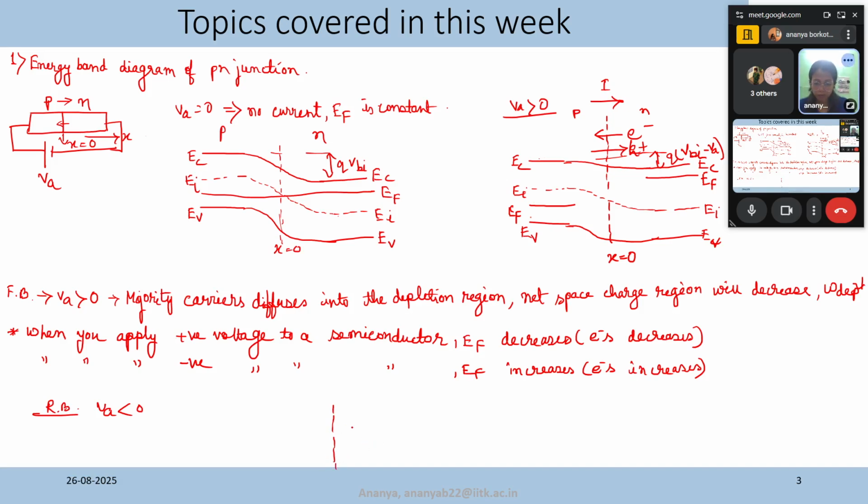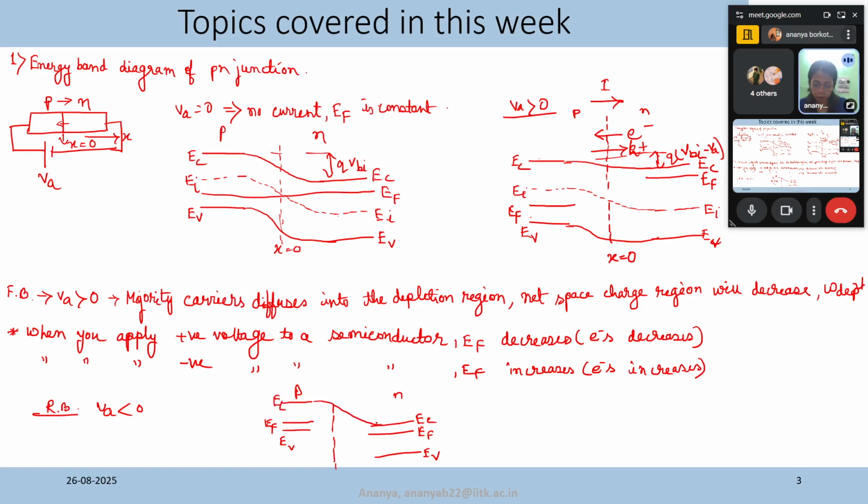So if this is my EF in the n side, then this will be a bit higher in the p side. So this is EV, this is EC, say this is EV, this is EC.